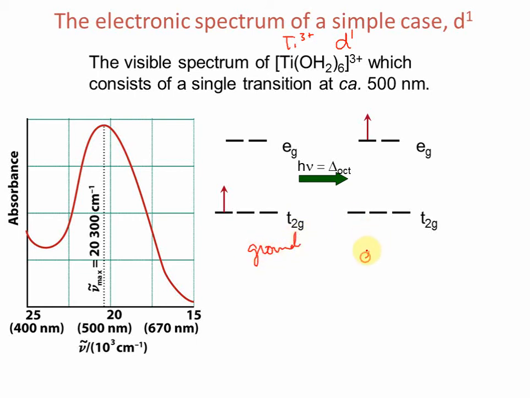And this difference in separation corresponds to an amount of energy. So they call this the delta octahedral, so the amount of energy difference. So this is related to hν, so Planck's constant times the frequency. So the wave number difference, the energy related to this, is 20,300 wave numbers.